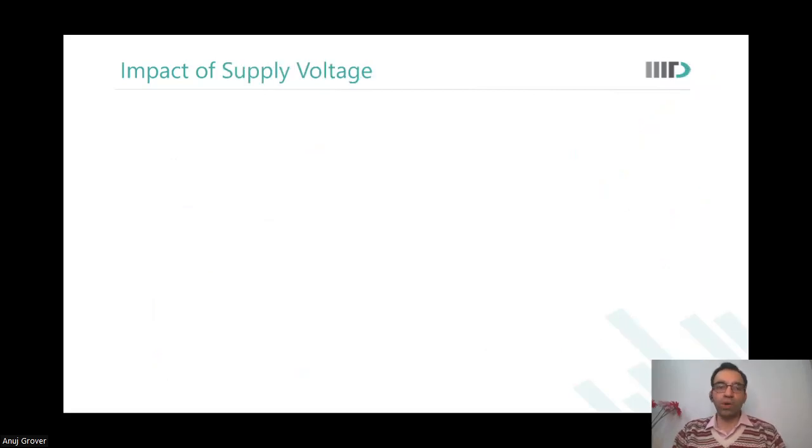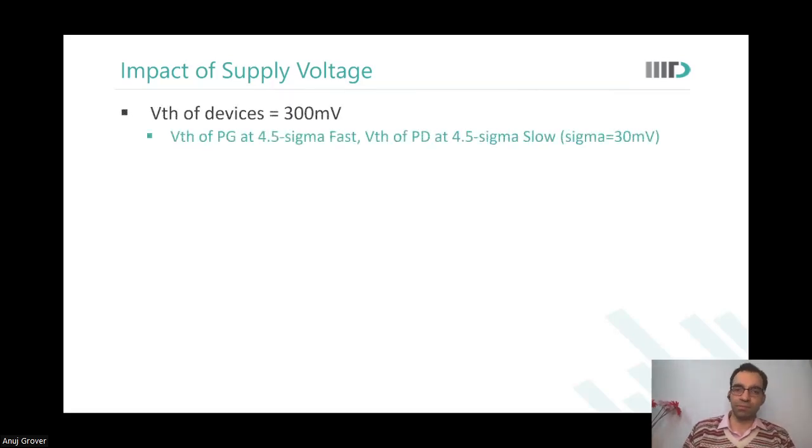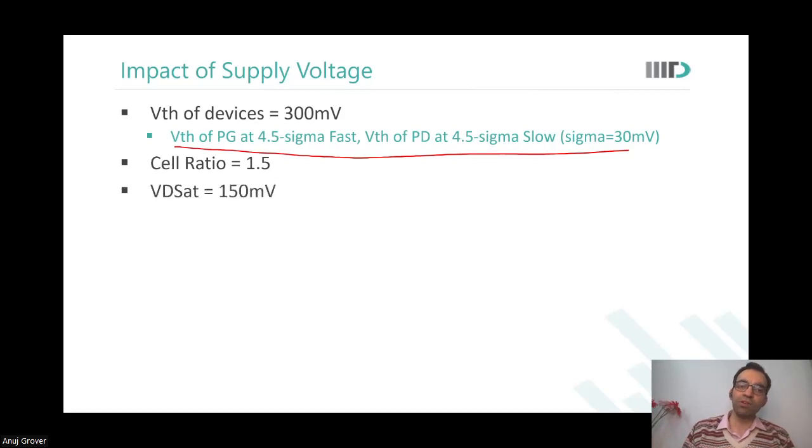So what is the impact of supply voltage? Again, now we say, okay, we are going to that worst case setting where this mismatch is already built in, the cell ratio is 1.5, VD sat is this, and V array is equal to V bit line is equal to V word line is equal to 1 volt. So we found that the bump was 126.